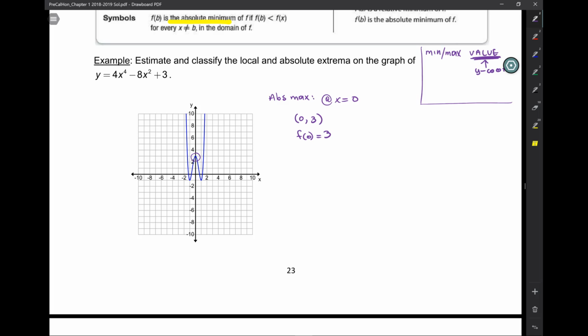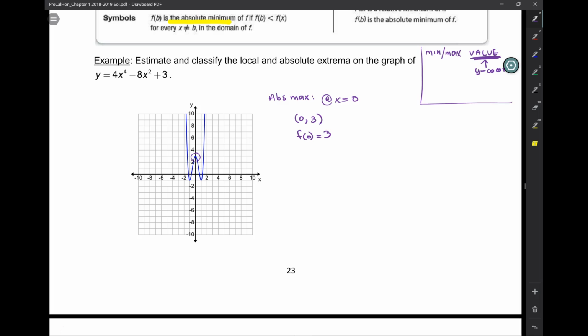If you say this, you always know you're giving all the information necessary. This one just says it's at x equals 0, but you're only giving half the information. It's like telling somebody I live at 3479. Is there a street anywhere?